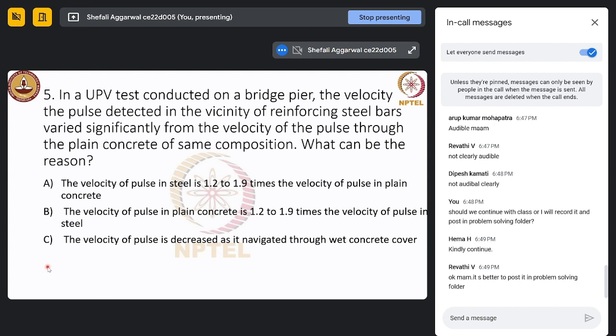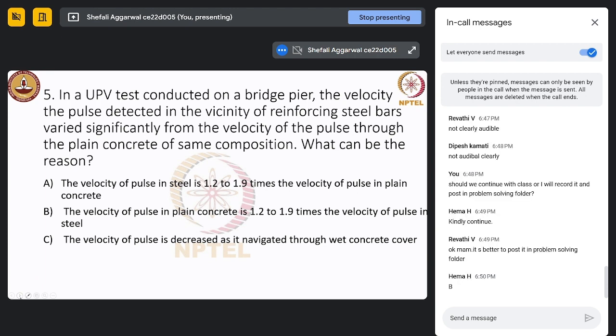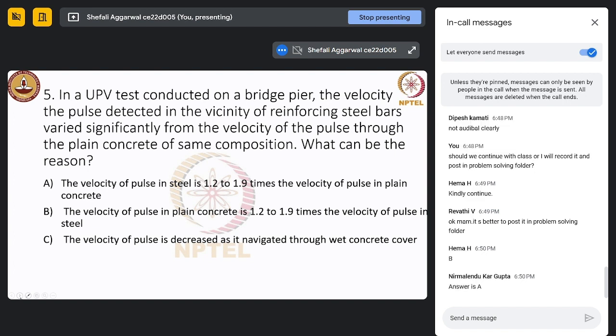I think is it A? 1.2 to 1.9 times the velocity of pulse in plain concrete. Okay. Anybody else who wants to guess the answer? Steel, plain concrete times the velocity of pulse in steel. Okay, that is completely opposite to A.